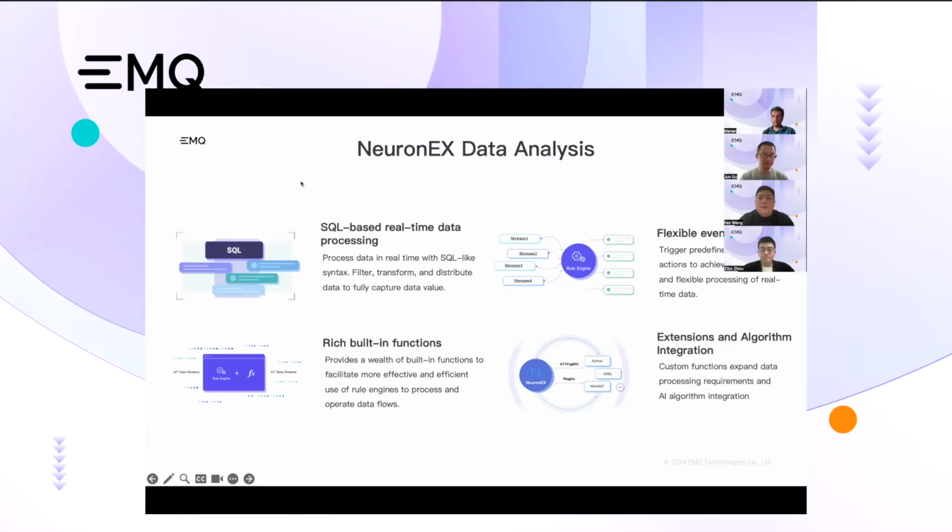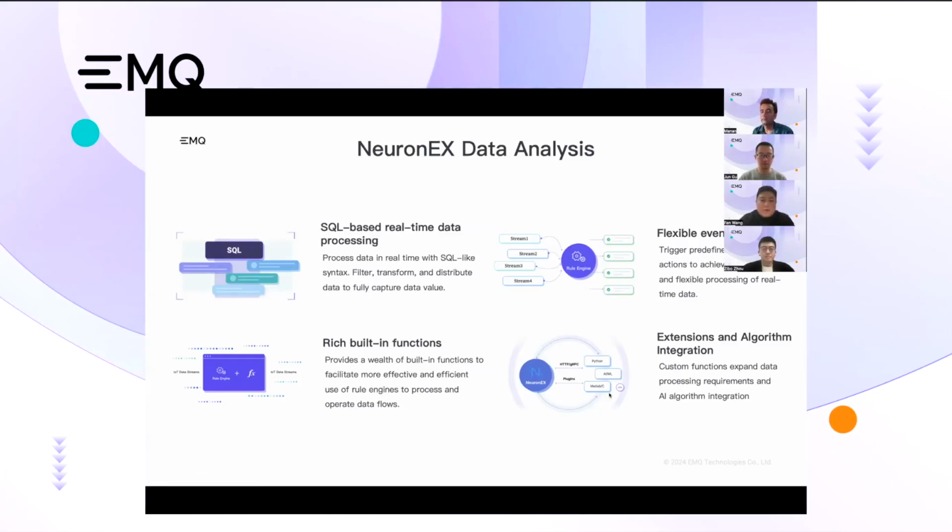We can use that as a rule engine. For example, you can use NeuronEX to trigger alerts with an algorithm built by yourselves. You can also use it to control your PLCs or devices on the edge side. So that provides very flexible capability to handle all kinds of events, and all the data sources can be devices, PLCs, and so on. And the last one is extensibility.